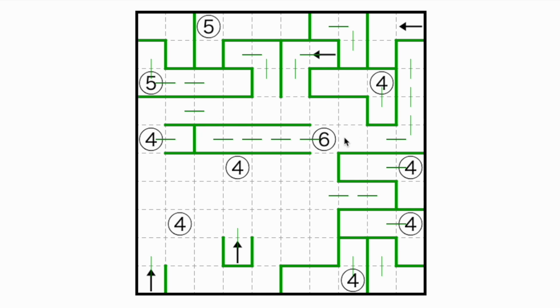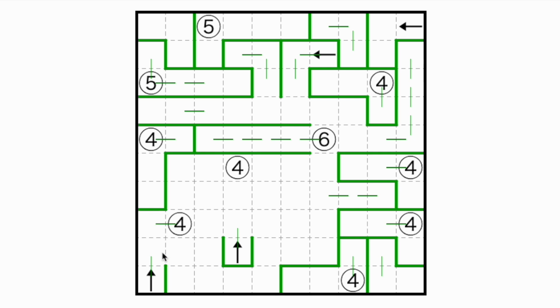But now I think we can make some progress because now this 4 is hemmed in on the right side, and in order to get the 4, we've got to go south, and that is going to answer our question about what happens down here, because if this were to go south, then we wouldn't have any bends.